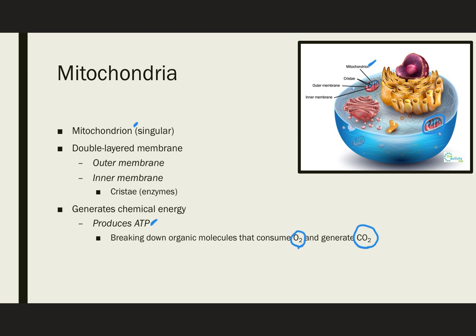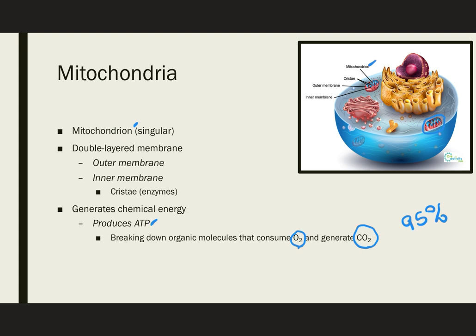This series of catabolic chemical reactions within the mitochondria produces about 95% of the energy that's needed to keep a cell alive.